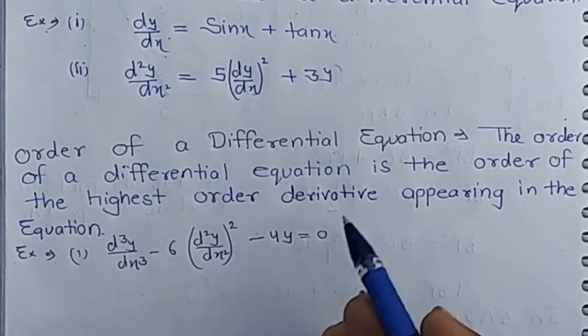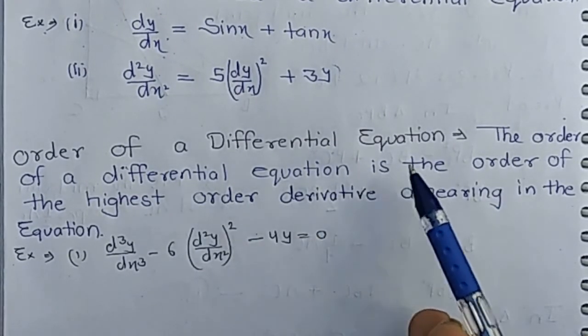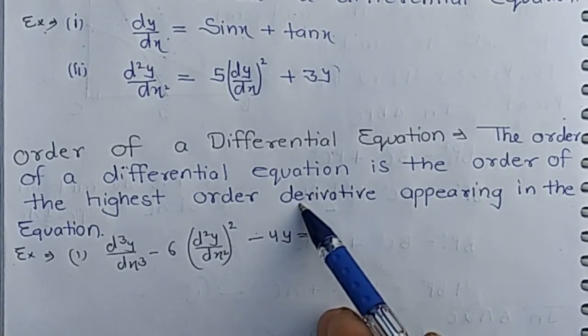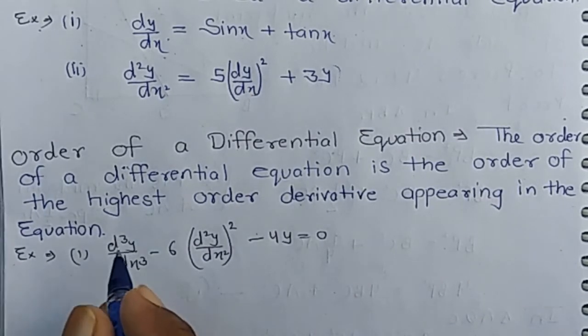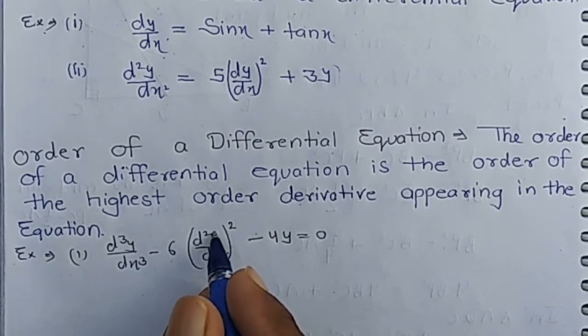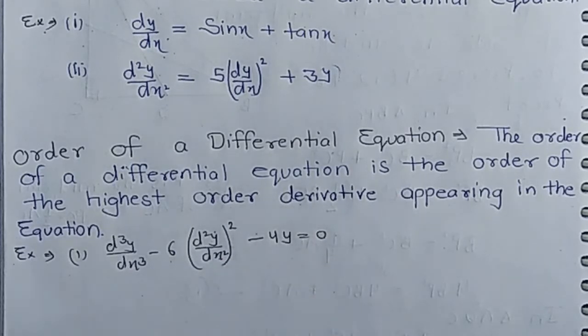Now, order of a differential equation. The order of a differential equation is the order of the highest order derivative appearing in the equation. For example, we have d3y by dx cube minus 6 (d2y by dx square) whole square minus 4y.